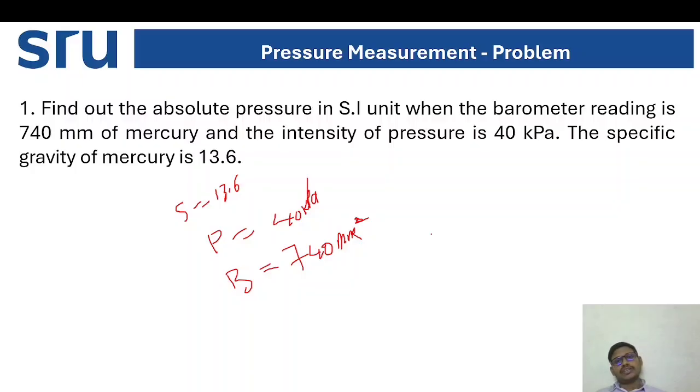Just try to solve this. So we have the data: barometric reading is 740 mm of mercury, the intensity of pressure is 40 kilopascals, and the specific gravity of mercury is 13.6.